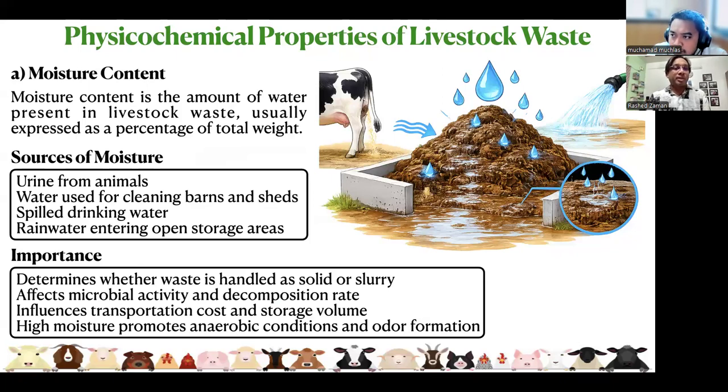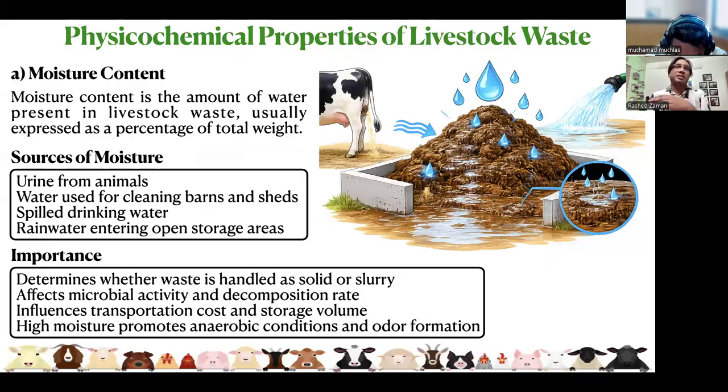It also influences transportation cost and storage volume because, as I have already said, solid and liquid, different types of waste have different transportation methods as well as cost, and their storage systems will be different. And high moisture promotes anaerobic conditions and odor formation.